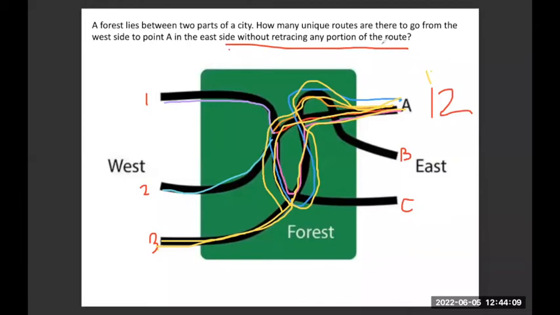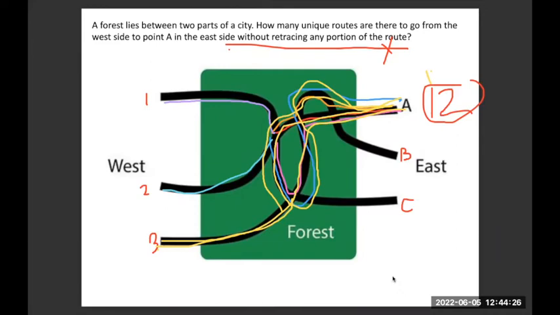So there is some issue with this, and I have actually ignored this, but I got this answer that way. Ma'am, if we consider without retracing, then the answer will be 0, right?